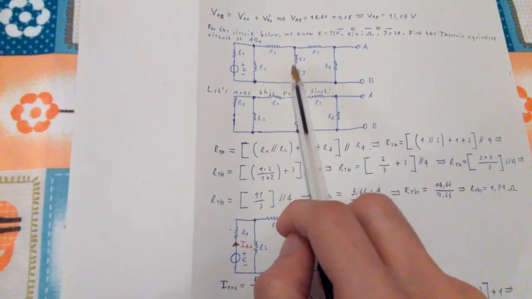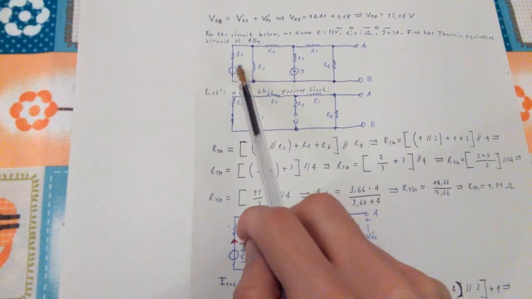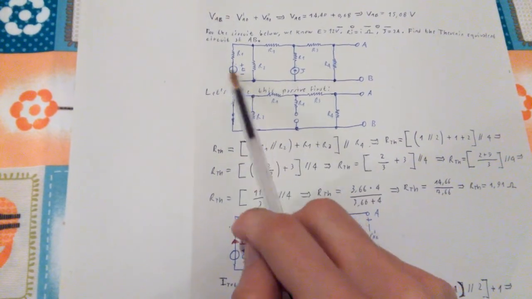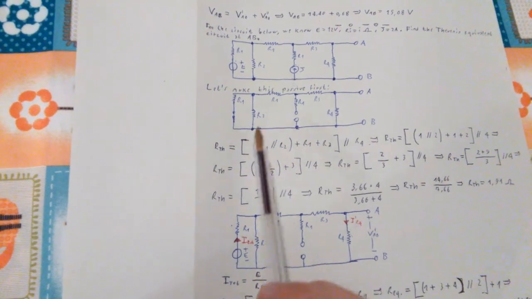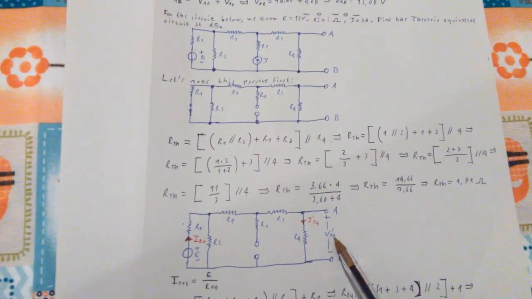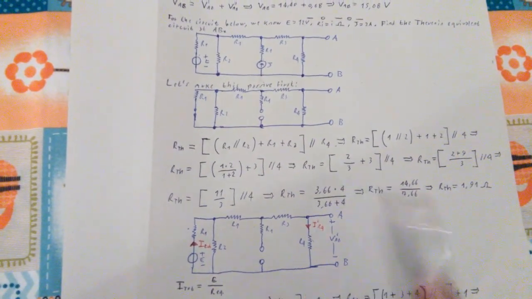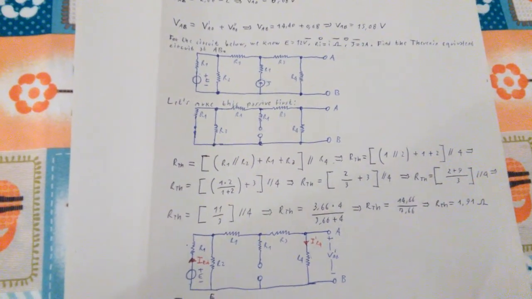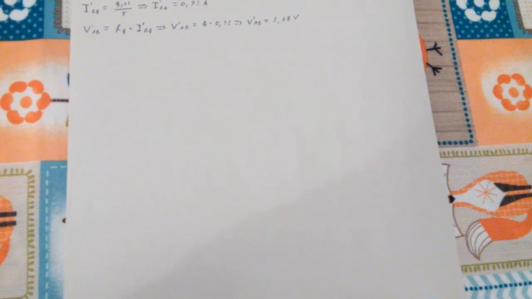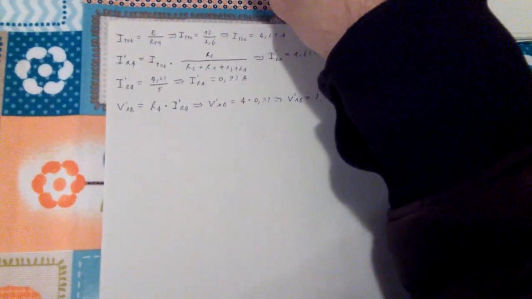We're gonna consider the current generator, and we're gonna turn the voltage generator into a short circuit, like so. In this way we're gonna find VAB not first but second, and then we're gonna add those two effects together and find our solution. So let's just do this.